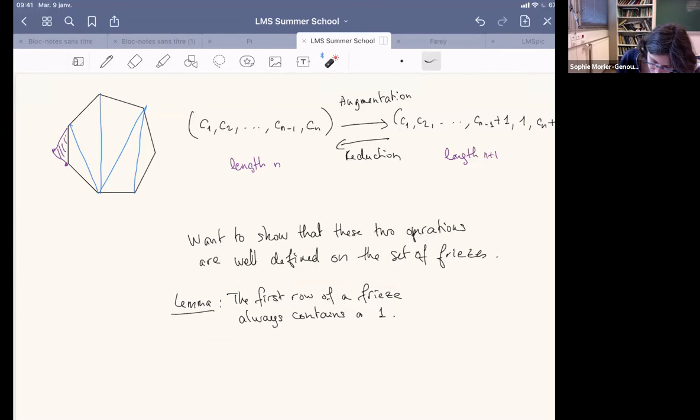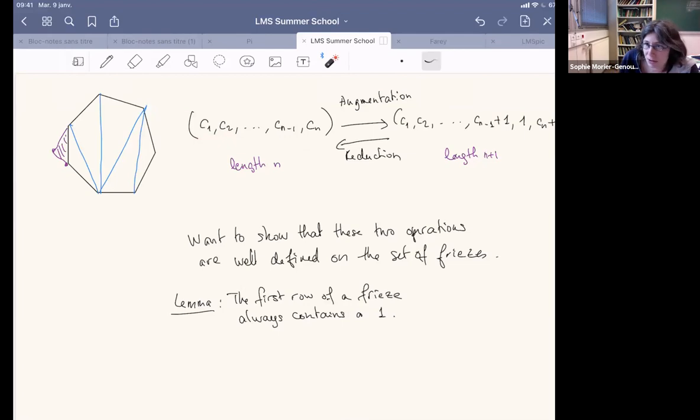Okay, so if I want to understand these operations in terms of friezes, I kind of need a tool that helps me to understand, given a sequence, whether the sequence is the first row of a frieze. So I need something that helps me to decide, if I'm given a sequence, is it good for a frieze?